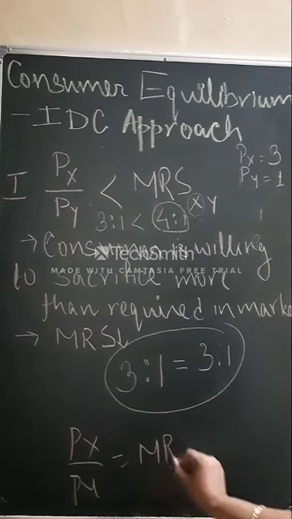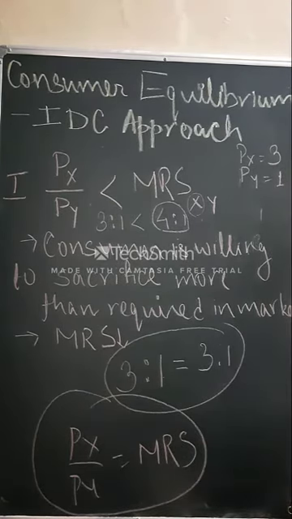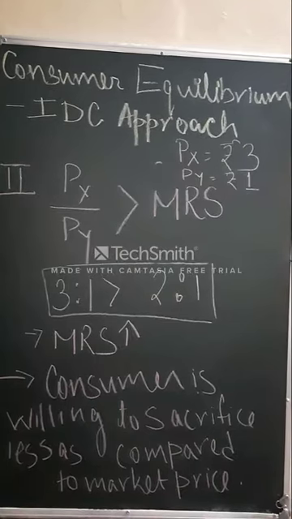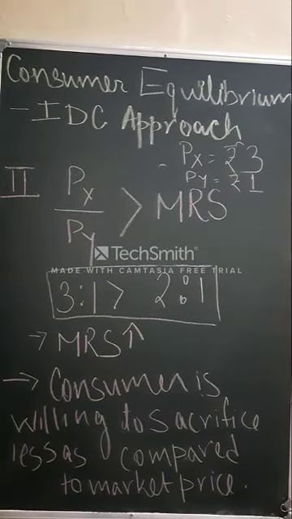इसके equal तक जब तक नहीं आता है, x ज्यादा से ज्यादा consumer consume करेगा so that he will reach the equilibrium position. Now in the second case हम देखेंगे Px by Py is greater than MRS. Now what we have to do, यहाँ पे हम देखेंगे कि अब स्थिति थोड़ी उल्टी हो गई.